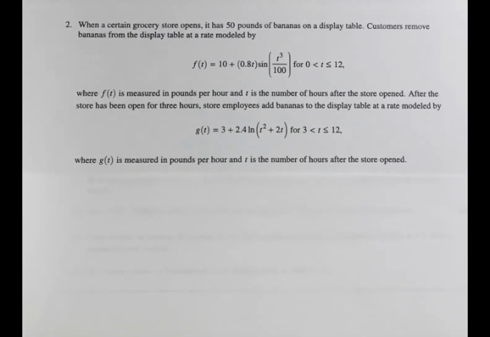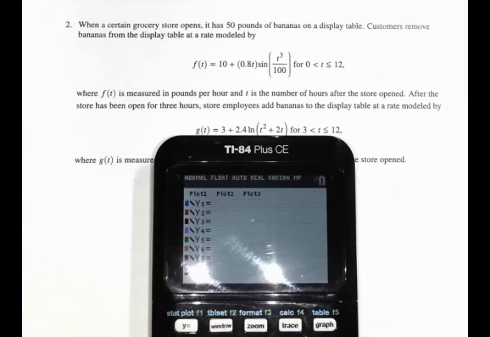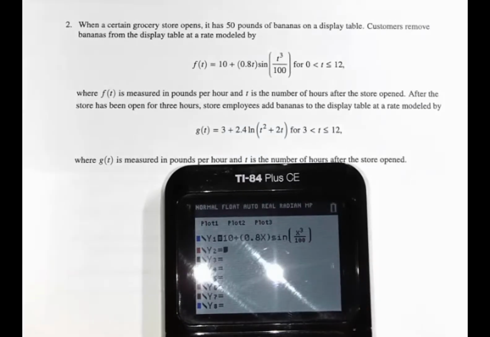So as with any calculator active problem, immediately when I start these off, I'm going to program into my calculator as y1 and y2 the two functions that are provided, so I can call upon them much more easily. So 0.8x, and then I have the sine, and that's going to be of the fraction x cubed over 100 on 0 to 12, and then the second function is 3 plus 2.4, and that has a log of x squared plus 2x, and that's on the interval from 3 to 12.